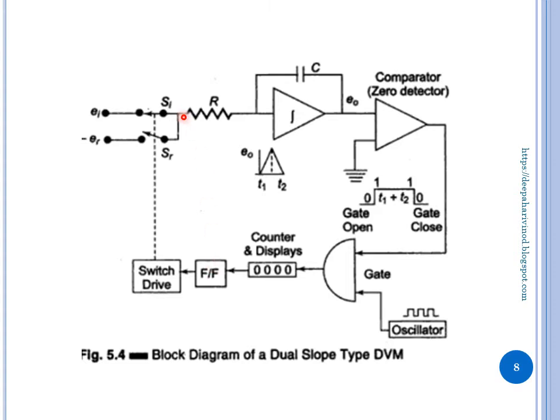When the switch S1 is closed, SR will be open. So when this is closed, EI will appear at this point and the integrated output will be obtained at E0.